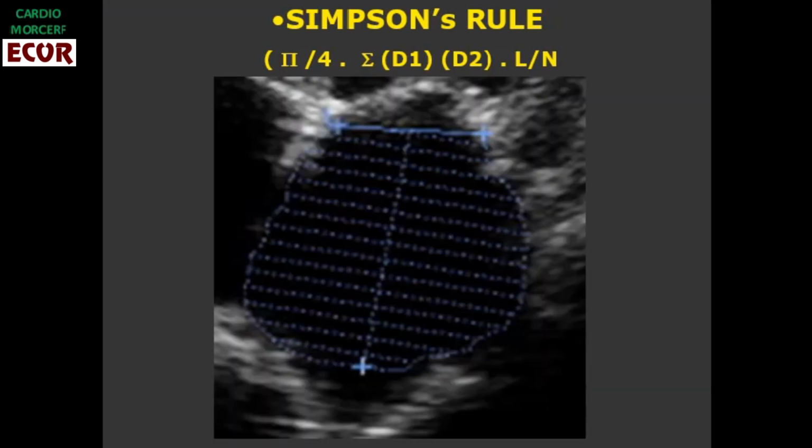The software will divide the whole left atrium into many discs or cylinders depending on the left atrial diameter. It will calculate the volume of each cylinder, since this volume is just the area of its base times its length. Then it will add the volume of all the cylinders to obtain the left atrial volume.